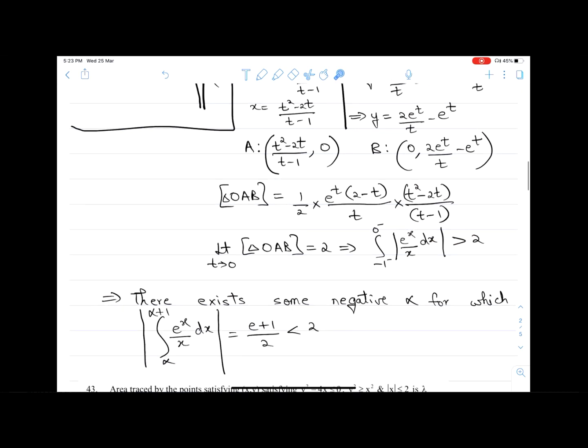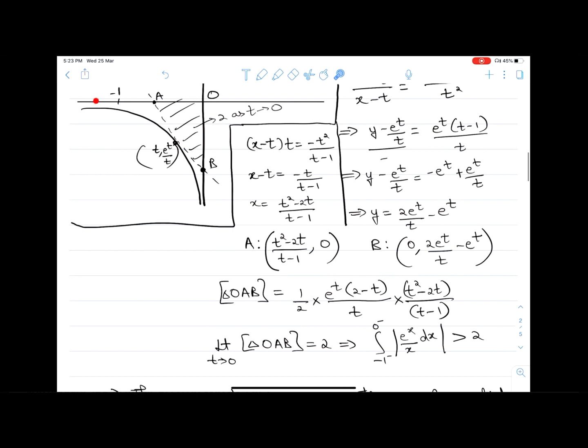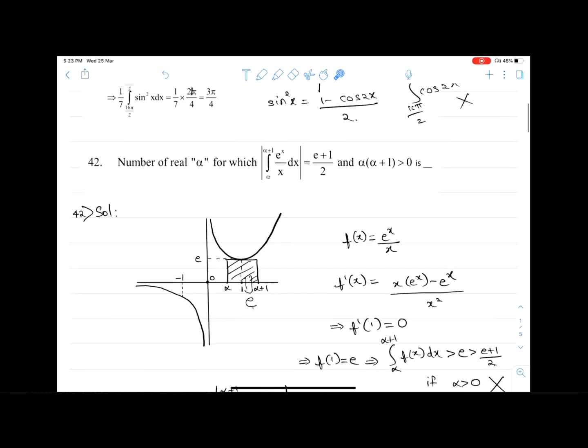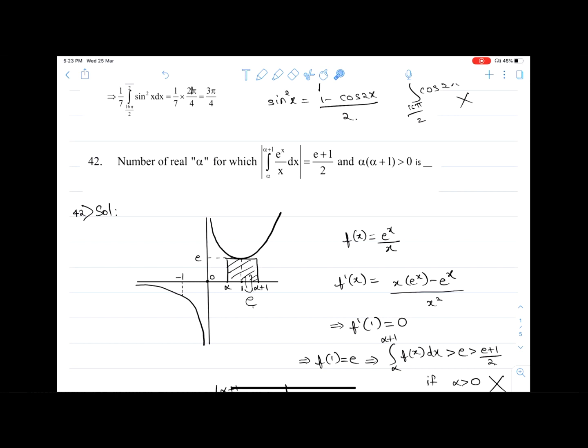That implies there exists some negative alpha for which this value is equal to (e plus 1) by 2. Because it starts at 0 and goes to a value, from -1 to 0 this area will be greater than 2. That means somewhere in between it will be equal to (e plus 1) by 2. So there will be one negative value and no positive value, and hence the answer is 1.